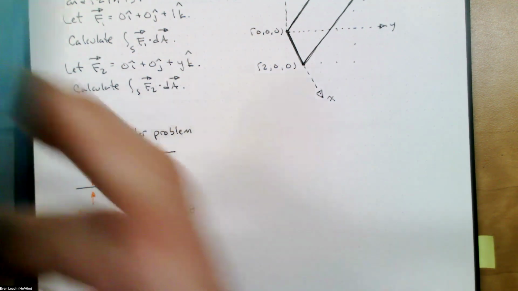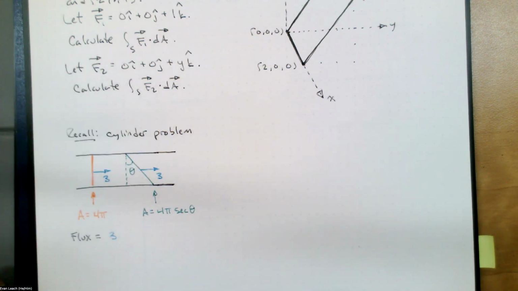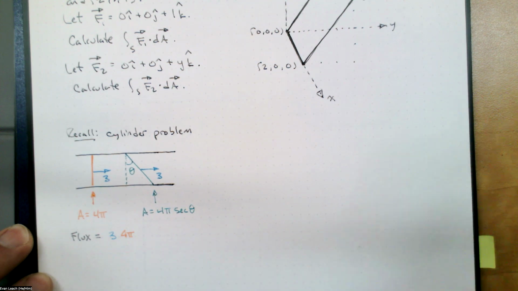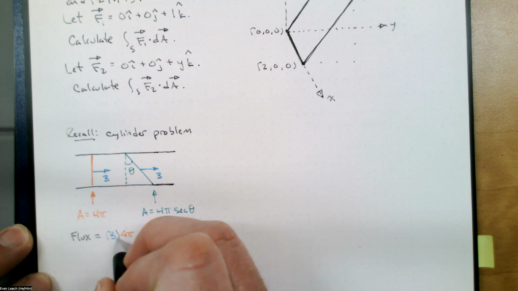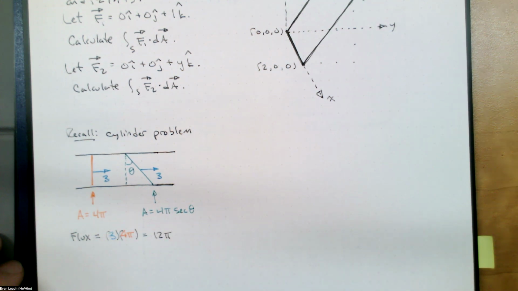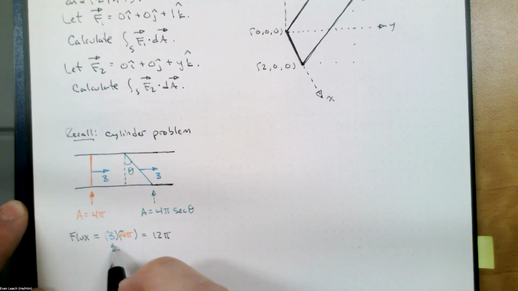We'll take the speed of the water, which is 3, and multiply by the area, which is 4 pi. In this case, we just had to multiply the 3 times the 4 pi to get the 12 pi cubic centimeters per second, because all of the 3 was flowing perpendicular through the circle.